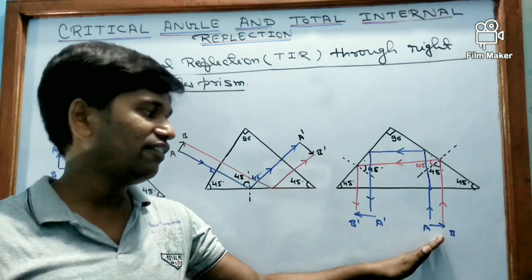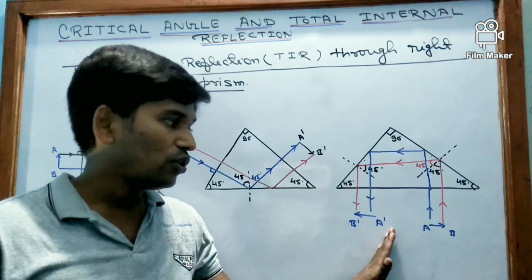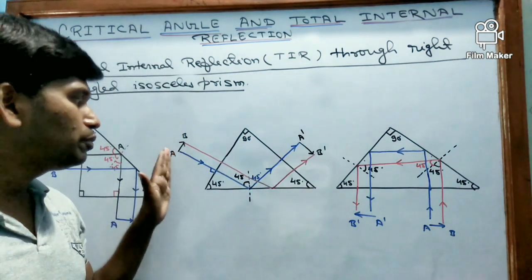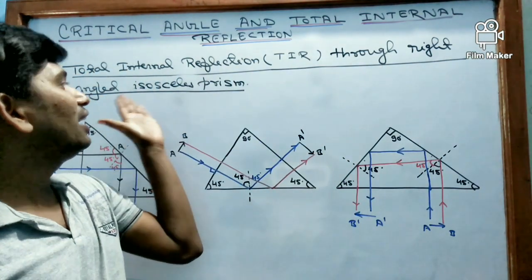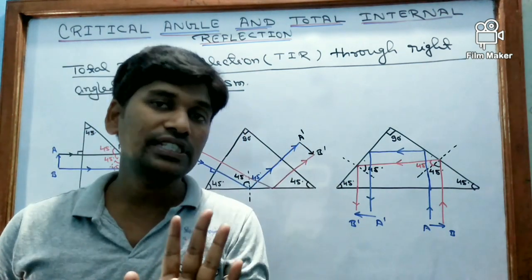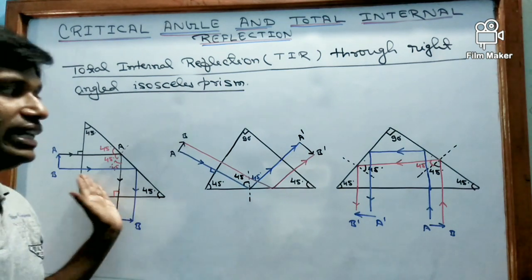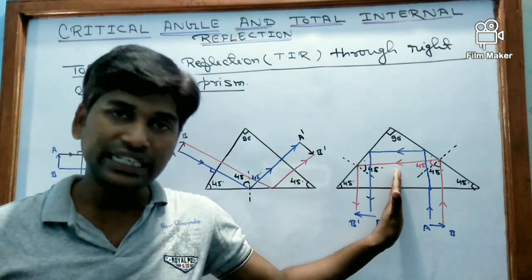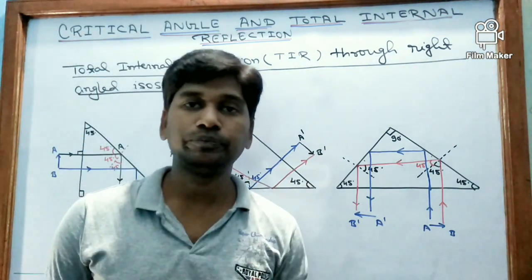In this case the ray of light deviates by 180 degree, and this is used for erecting the object. So the right angled isosceles prism can be used for three purposes. The first one, to deviate a ray of light by 90 degree, second, to deviate the ray of light through 180 degree, and third, to erect the object.